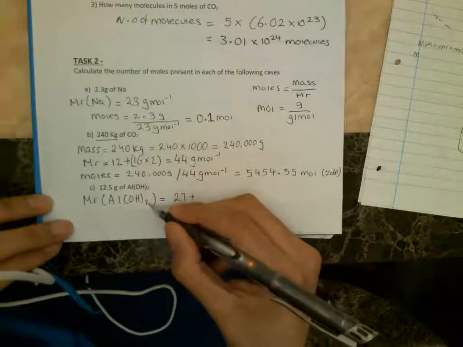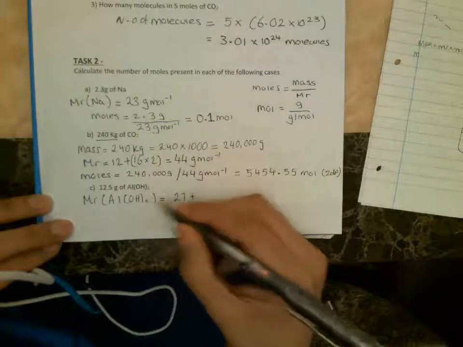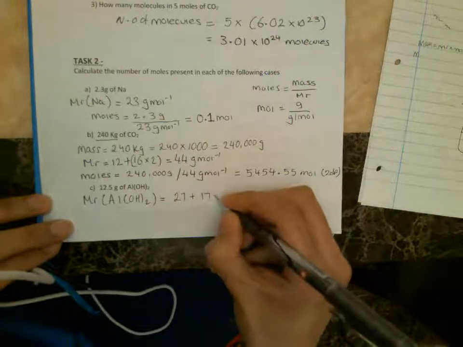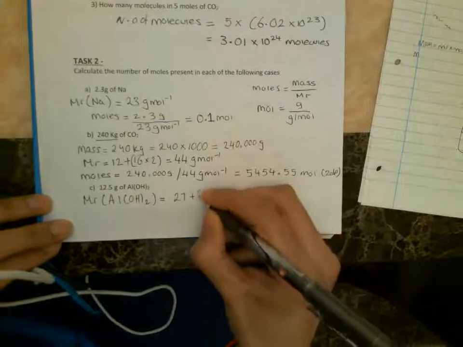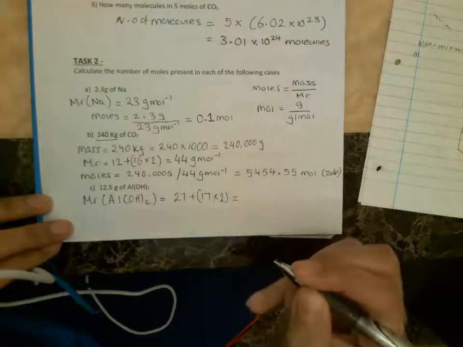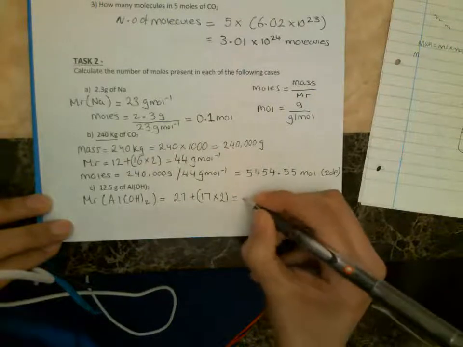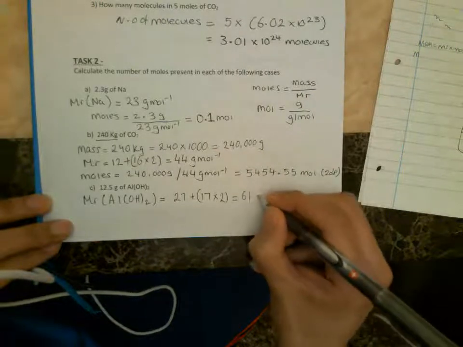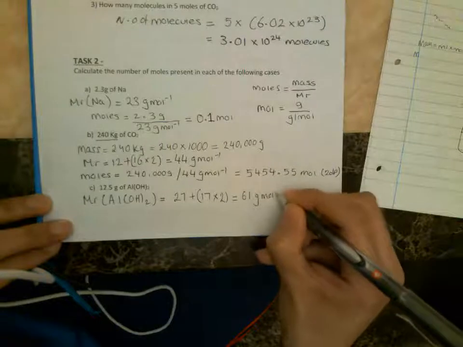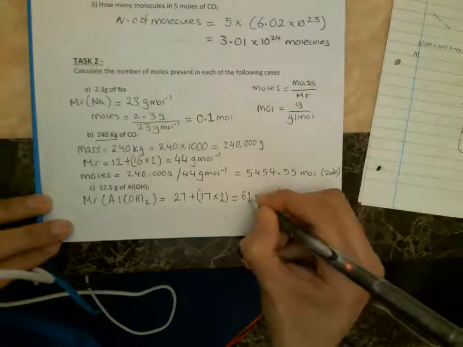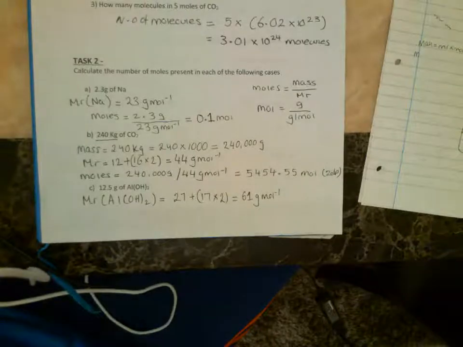And because we've got two of them, we would multiply 17 by 2, and we would get an MR of 61 grams per mole. So 61 grams per mole.